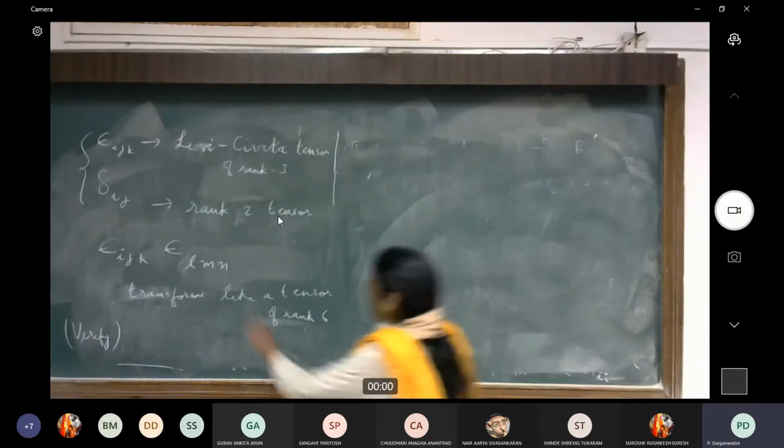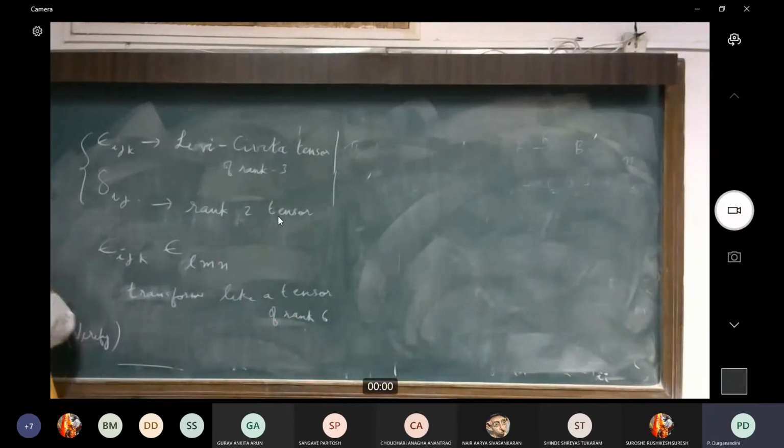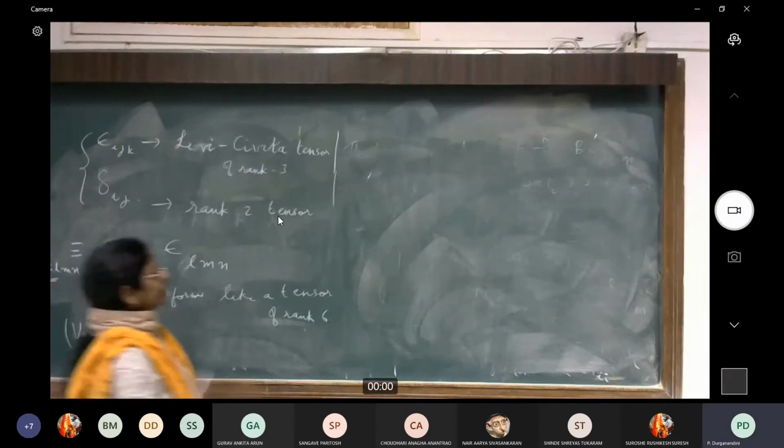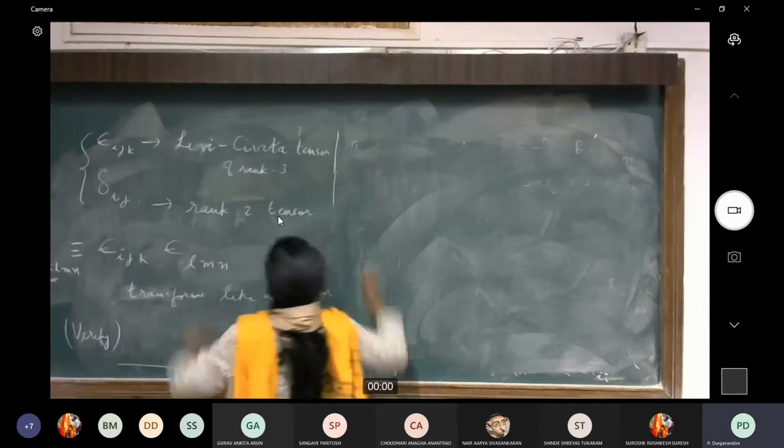So let me call whatever object I have here T_ijklmn, because it has 6 indices. And this T will transform like a 6th rank tensor. Now what I want to do is contract these two indices, k and l. So I've taken the 6th rank tensor, and I want to contract that.